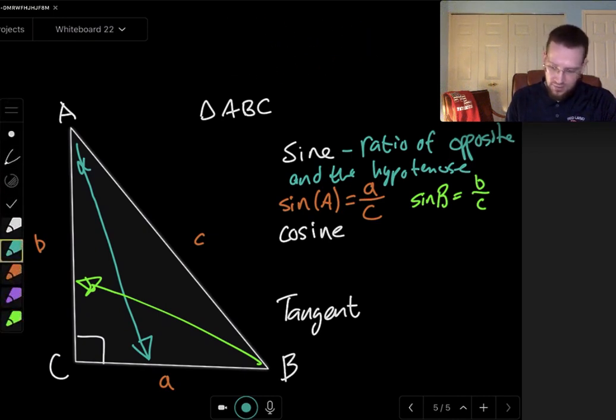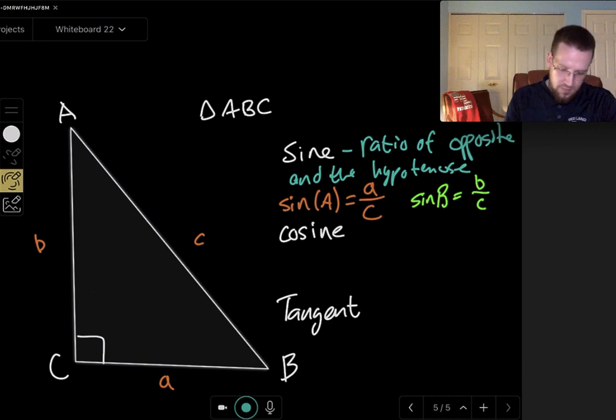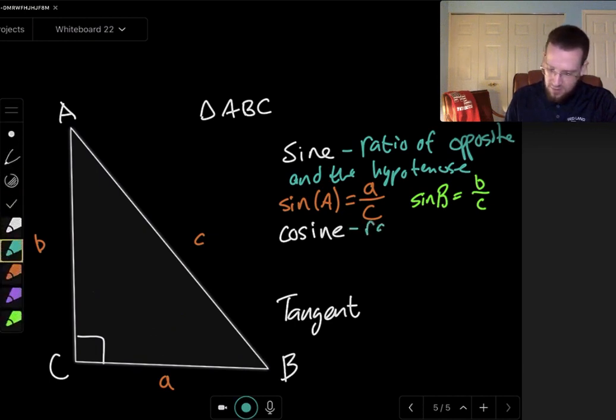Okay, so the cosine is the ratio of the adjacent and the hypotenuse.